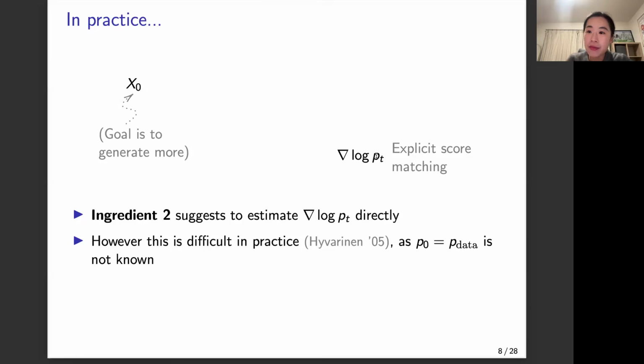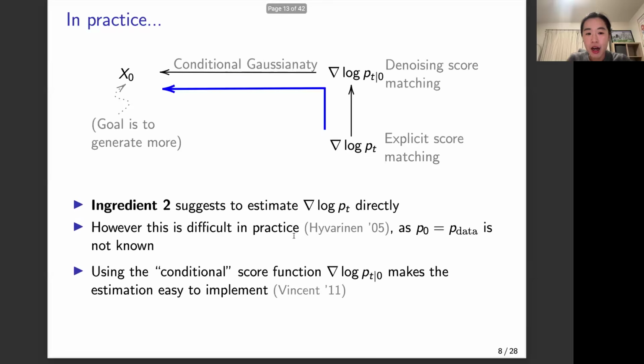If we approximate the gradient of log p directly, this is called explicit score matching. People realize that if we approximate this gradient of log pt directly, then sometimes it's very challenging and difficult in practice because p0 is unknown, so we don't even know the target function that we want to approximate. So that's the challenging part people realize.